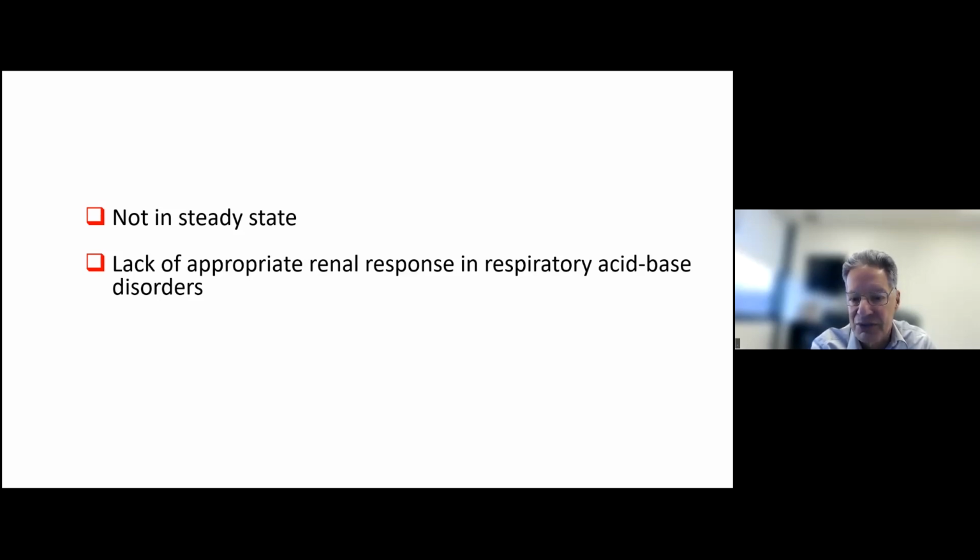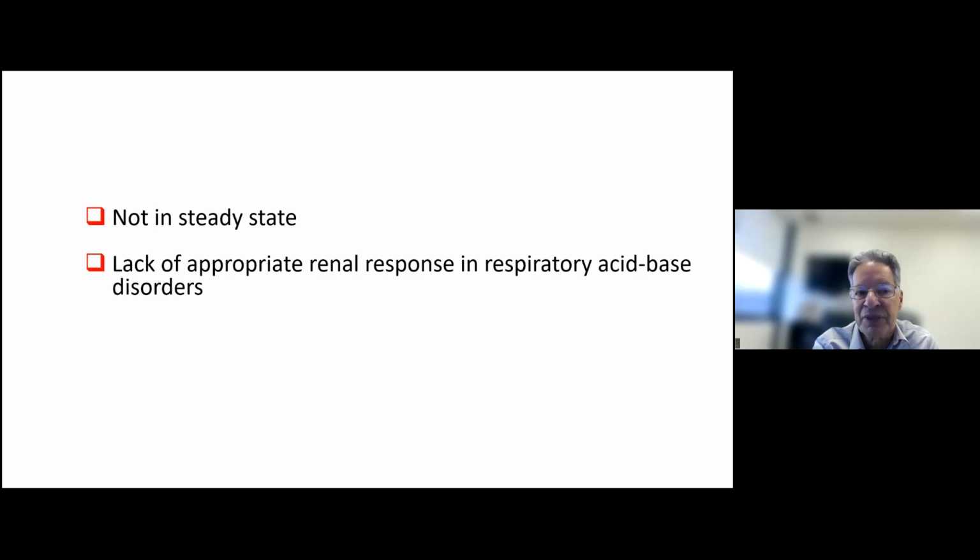And if you're not in the new steady state, then you could have numbers in between. So that's one possibility. It is possible that it was a simple acid-base disorder, and you just caught the patient in between the time where the changes were starting to occur and when they stopped occurring. And we call that not being in the steady state.